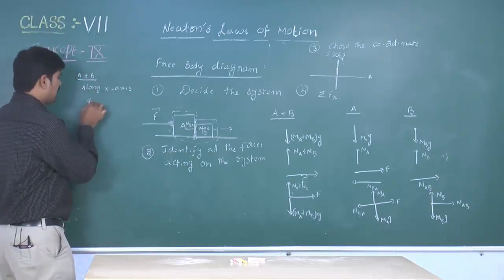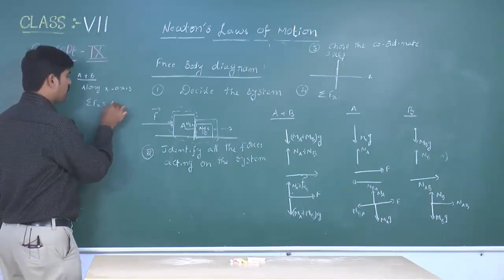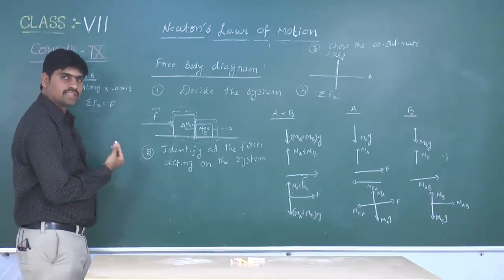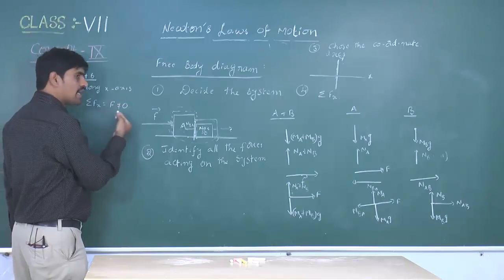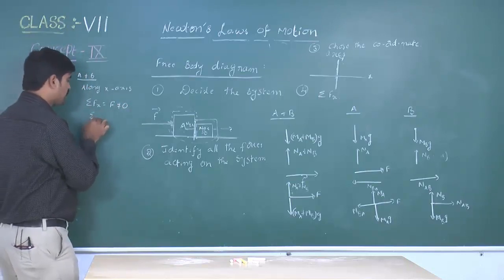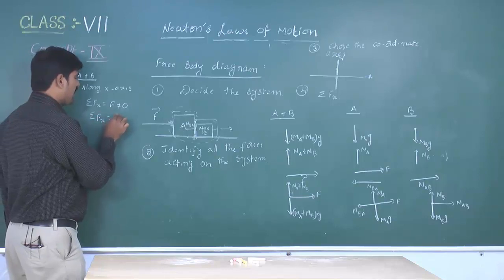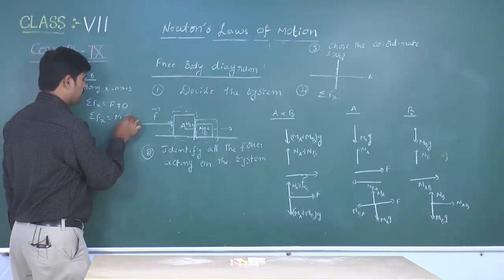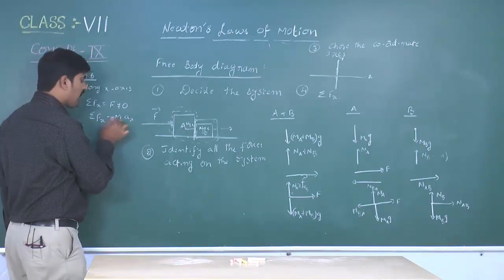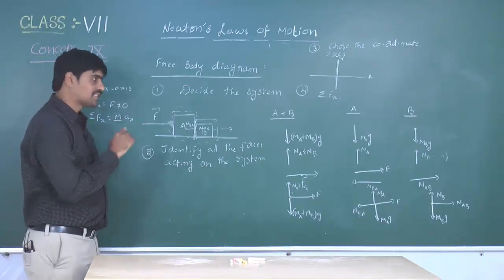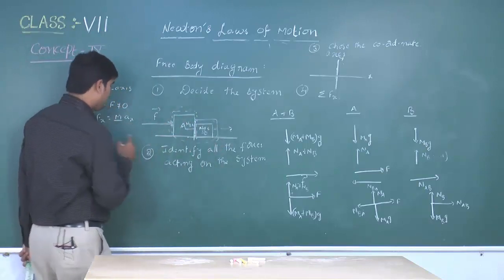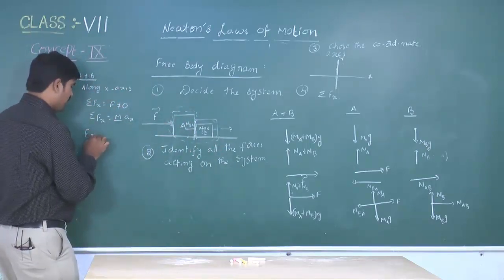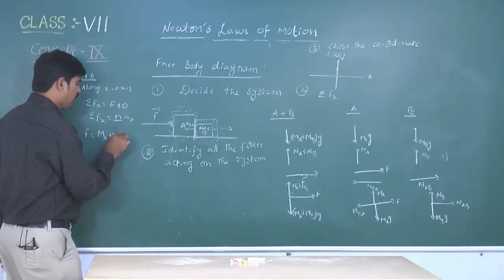That is sigma Fx is equal to F. That F is not equal to 0, so sigma Fx is equal to ma. What is the mass here? Mass of the system, that is mA plus mB. So F is equal to (mA plus mB) into a.